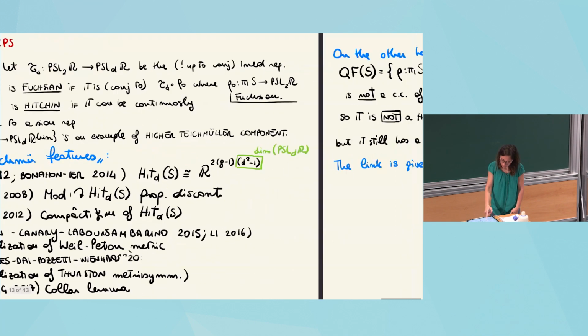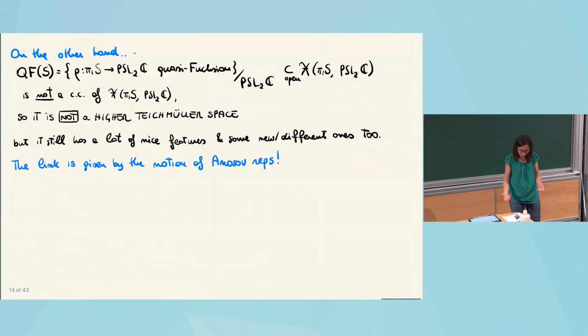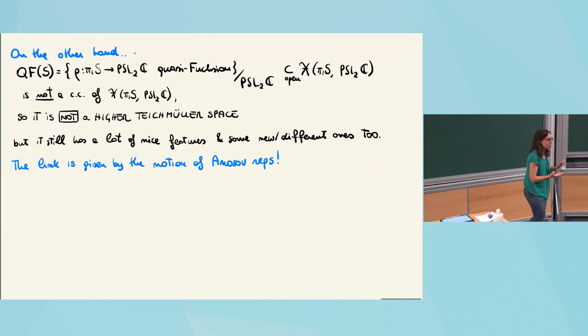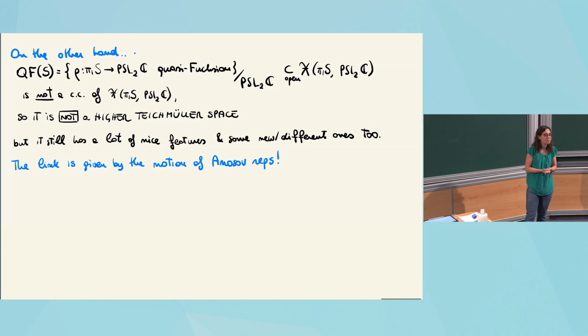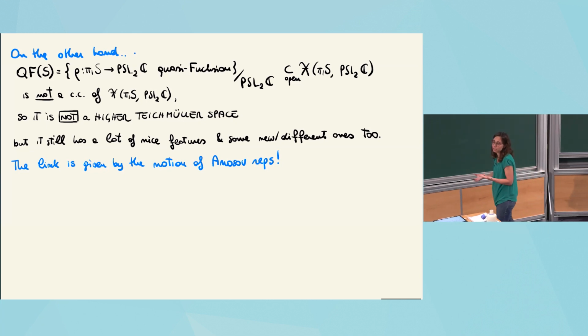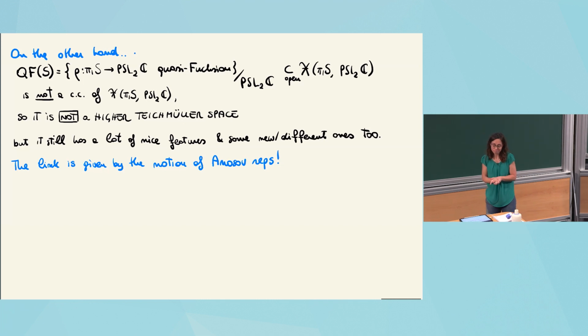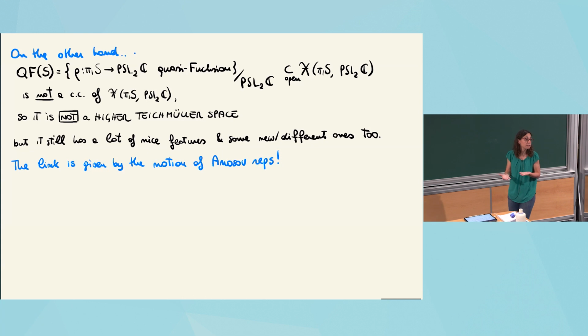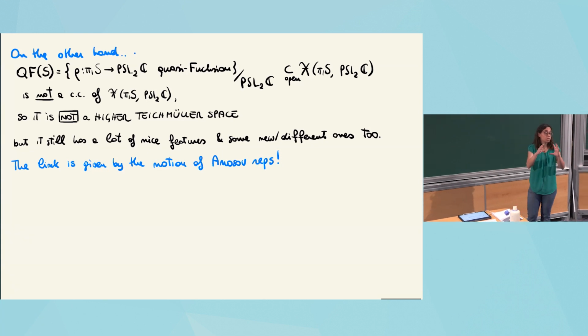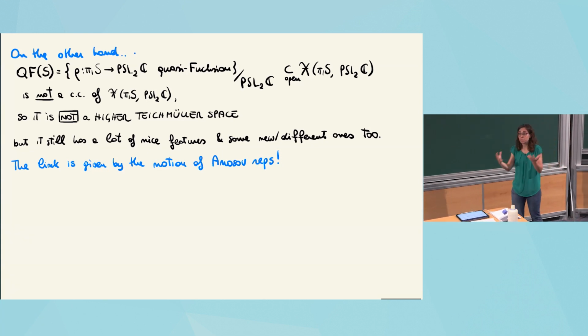On the other hand, I spent some time convincing you that quasi-Fuchsian space was also a nice set of representations. The problem is that this quasi-Fuchsian space is open, but not closed.